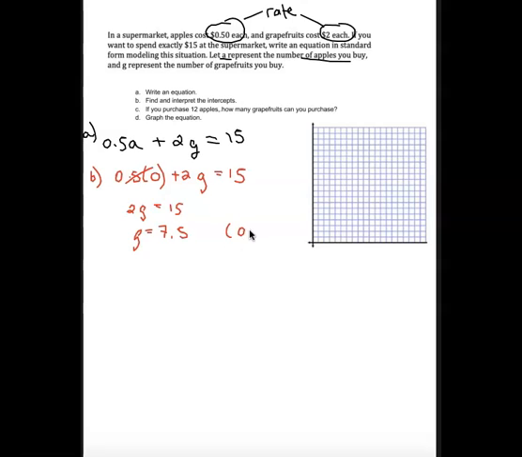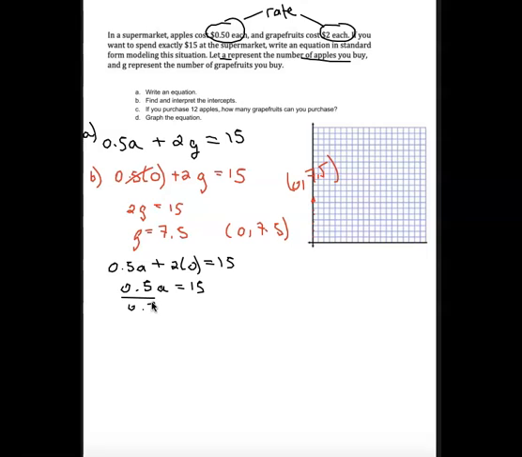So, 0, 7.5 is my first coordinate. So 1, 2, 3, 4, 5, 6, 7.5. I know that's not realistic, but I'm going to graph it anyway. And again, part B, 0.5a plus 2 times 0 grapefruits. How many apples can I buy if I buy 0 grapefruits? So 0.5a equals 15.